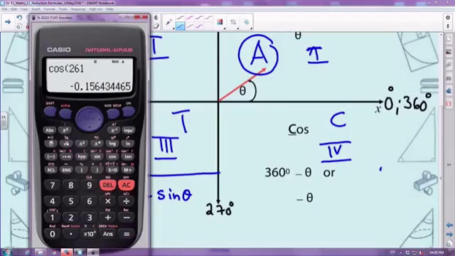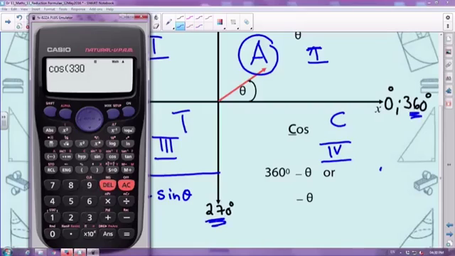Now let's see if maybe we've got cos in the fourth quadrant. Let's take cos 330. Right. Now, guys, watch. What sort of answer are you expecting there? 330 is between 270 and 360.